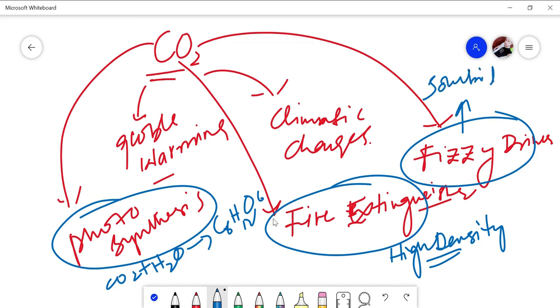This is the property of carbon dioxide. It is soluble in water. That's why it is used to enhance the taste of the fizzy drinks. It also helps a little bit in digestion because you start burping after that. Are we clear with this part?